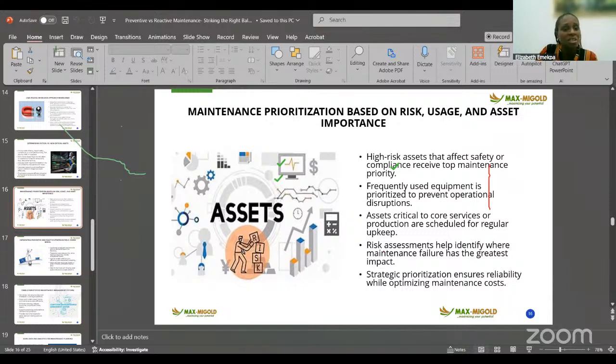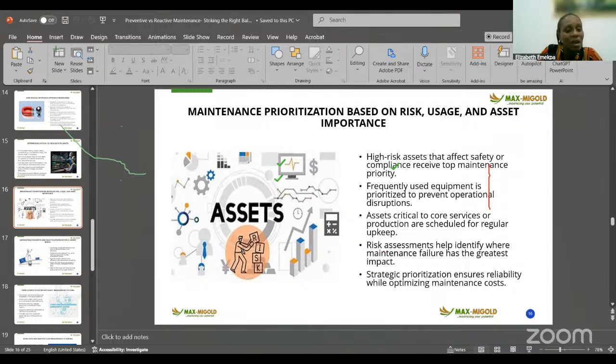Come to think about it, as a maintenance person, you have a schedule, right? Every morning I check this, I check this, I check that. Why am I checking it? Okay, I have checked it. What is the risk associated with this? If things go wrong, what am I supposed to do? These are important decisions that we need to know regarding our assets.